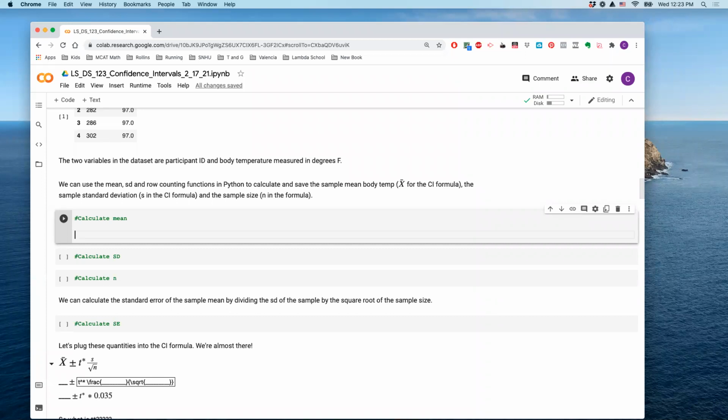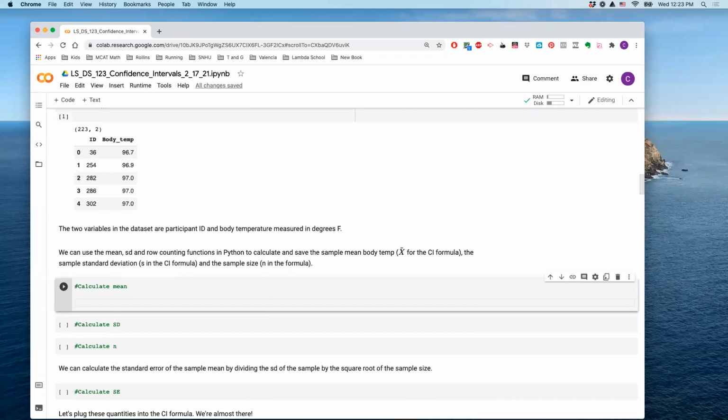Okay, so we need to get the sample mean. Who remembers, because it's been a little while, what function we need to use to calculate the mean of a set of numbers from a pandas data frame?